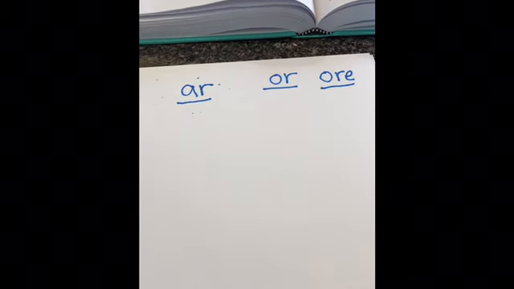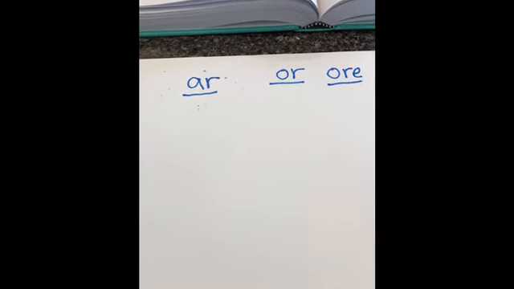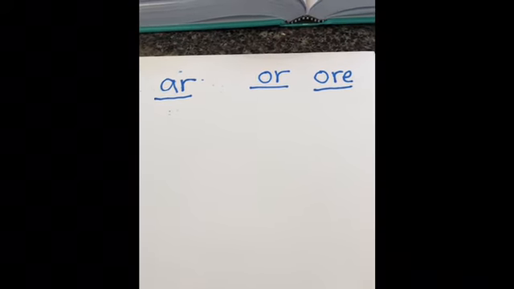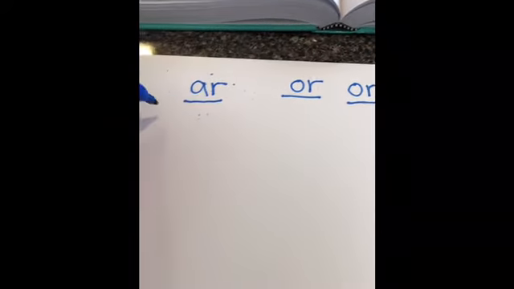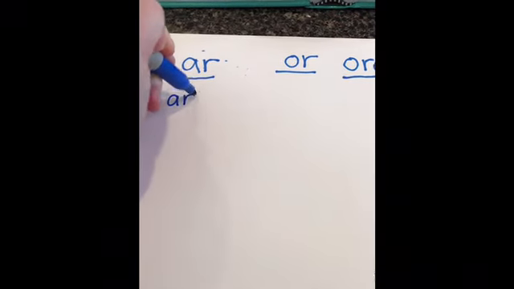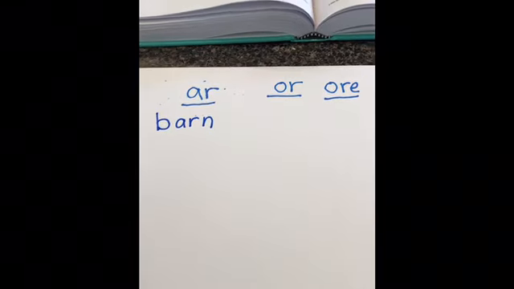So we are going to go back to our three-column notes, and some examples of AR words are, as we saw earlier, B-AR-N. So tap it with me.